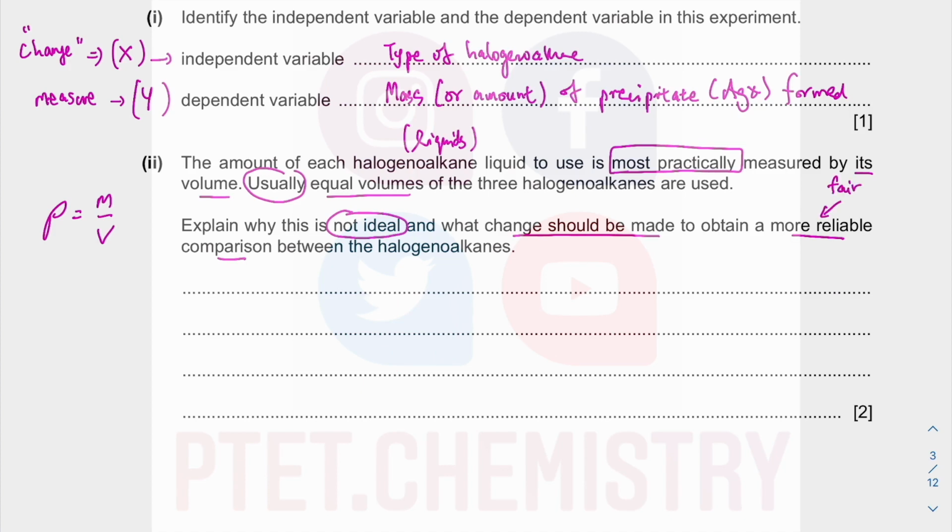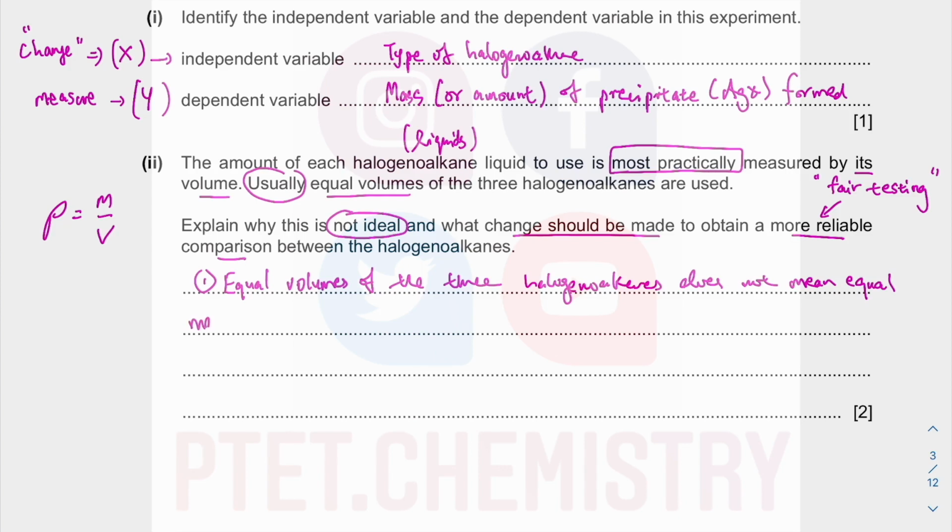This is called fair testing, and it's something that you would have done when you first started doing any experiments. Here, equal volumes of the three haloalkanes does not mean equal masses, based on what I just said, because they can have different densities. Density is mass over volume, right?